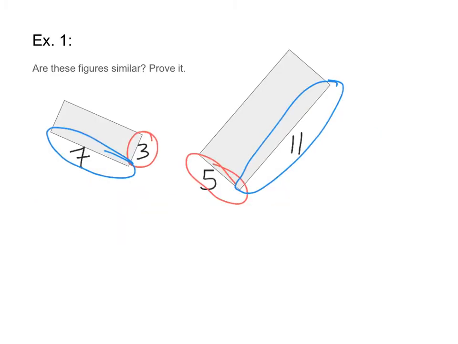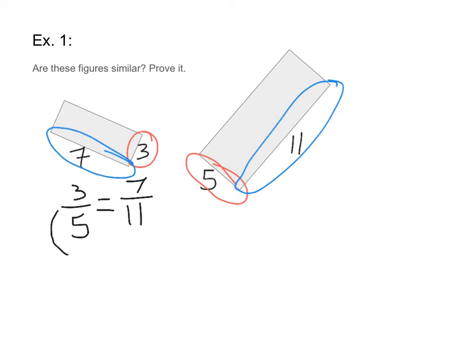So I'll set up my ratios. 3 to 5 for the short sides. Is that equivalent to 7 to 11? So there's no obvious relationship here, so I'm going to test them by dividing.